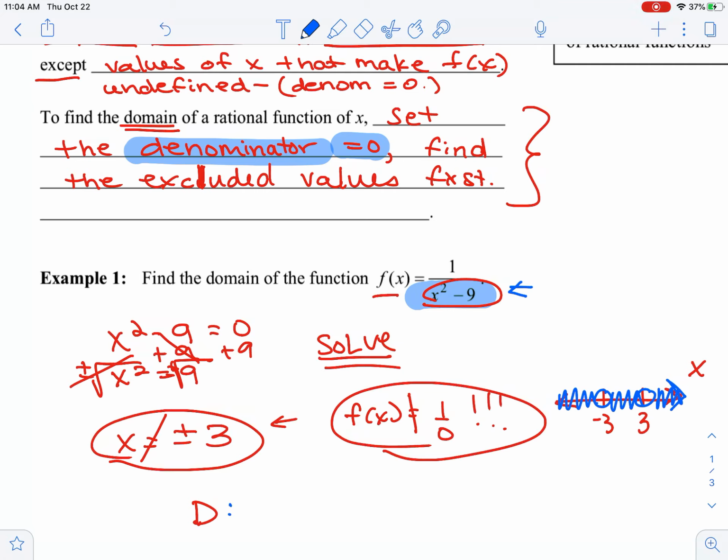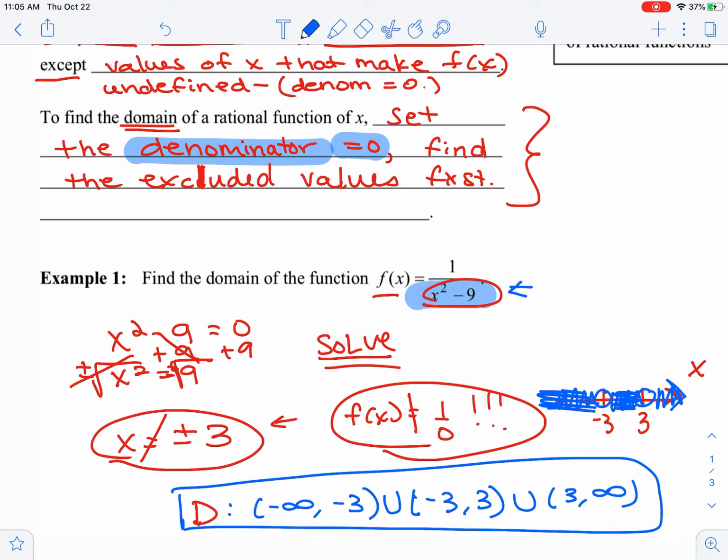So the way that we say that for the domain is we'll say in interval notation that it can be anything from the left up to negative 3. So we'd call that negative infinity to negative 3, not ending on negative 3, union from negative 3 to 3 in between here. Union, again, we're skipping over the value of 3, and it can be anything past the value of 3, starting at 3 and going to positive infinity.